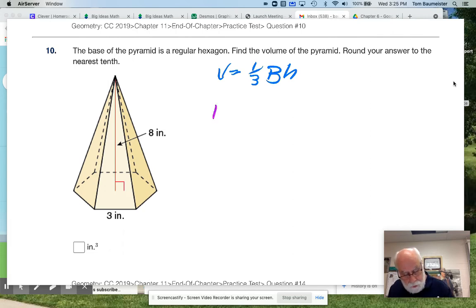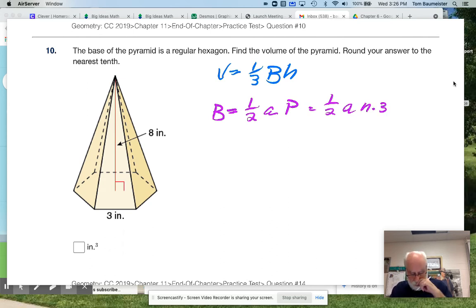Our base is going to equal 1/2 the apothem times the perimeter, or 1/2 the apothem times, remember, n, which is the number of sides, times the length of this side.